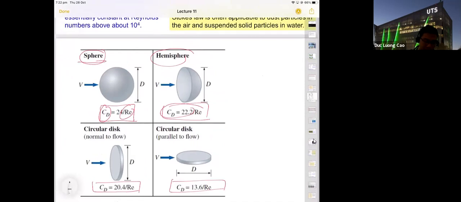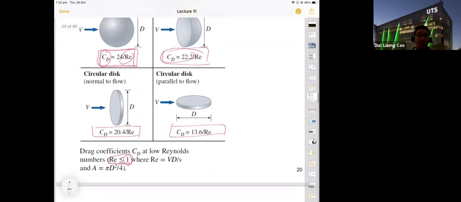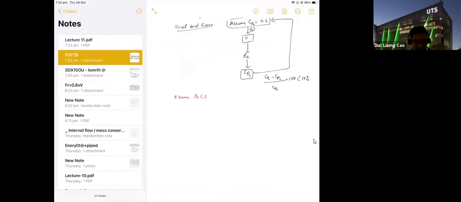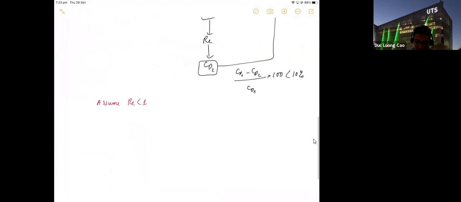For example, for a sphere, CD equals 24 divided by the Reynolds number. So if you assume a Reynolds number smaller than 1, you can use this equation.